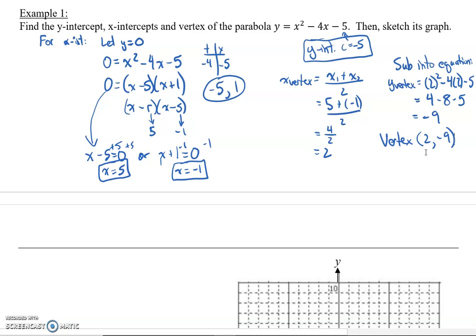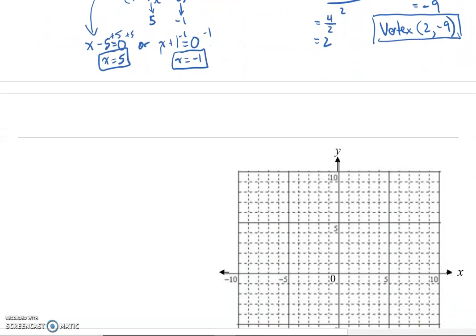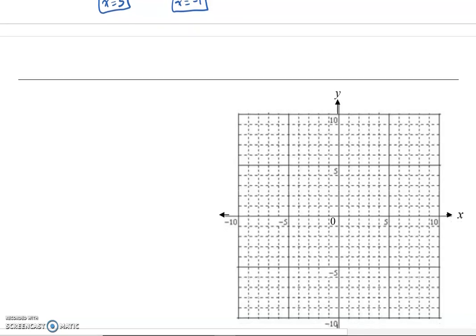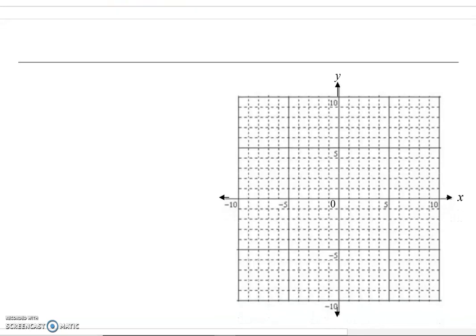So we've got a vertex, we've got these x-intercepts, and we have this y-intercept. Let's go ahead and graph this and see what this looks like. So x-intercepts of negative 1, positive 5. We have a vertex of 2 and negative 9 down here.